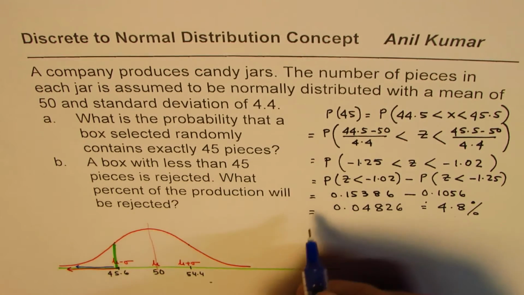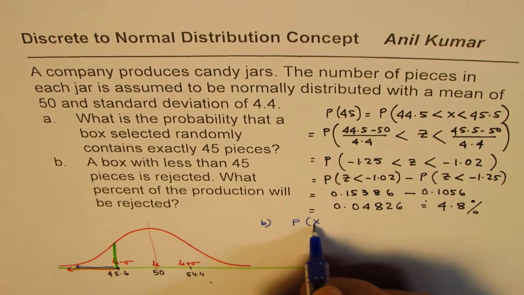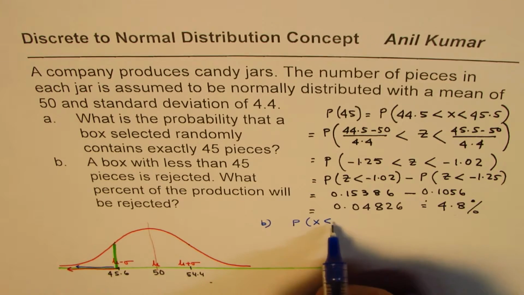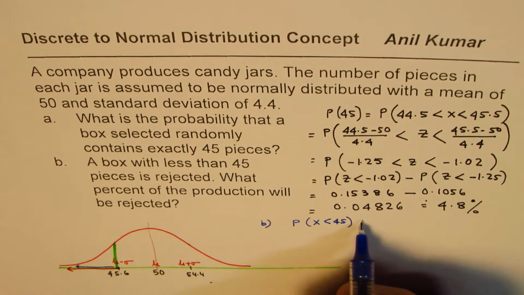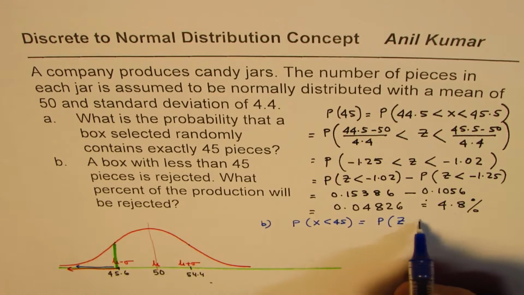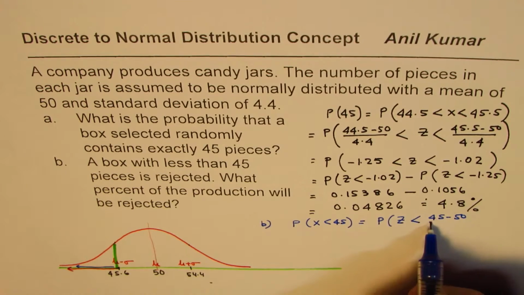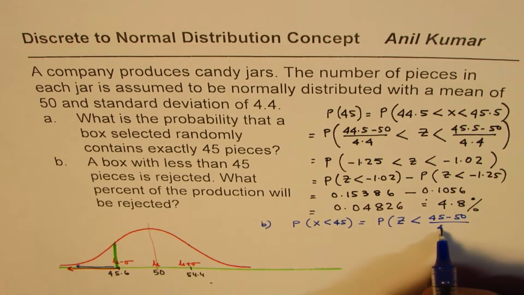So box less than 45, so we are doing part B now. So probability for X being less than 45. In z-score, we'll say probability for z being less than 45 minus 50 divided by the deviation, which is 4.4.